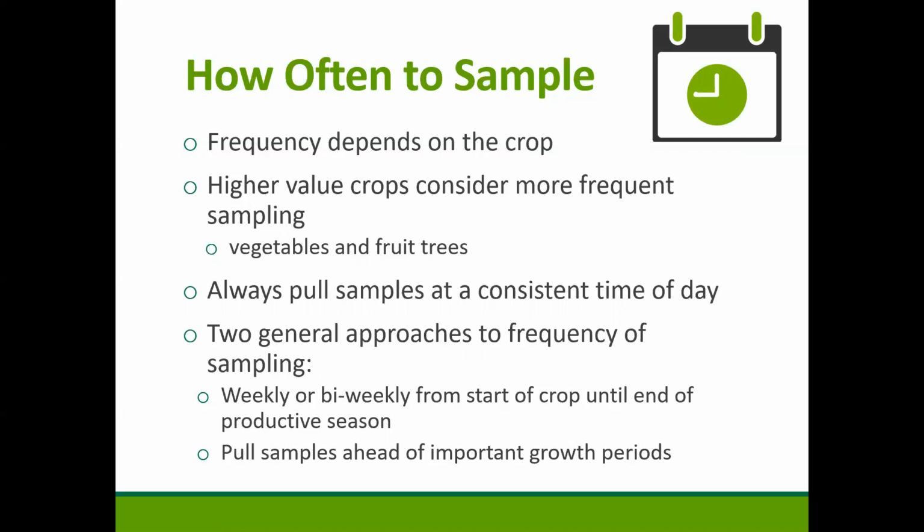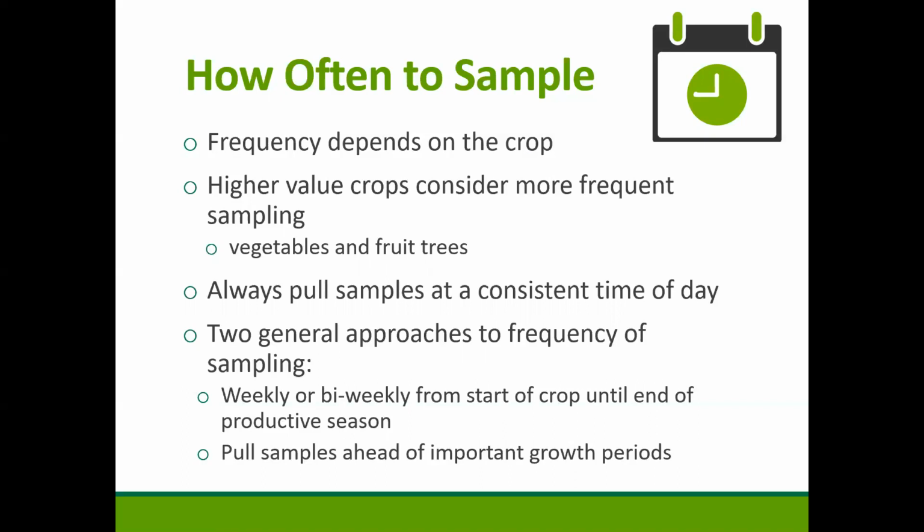Some growers will choose to sample weekly or bi-weekly, basically from the time of crop emergence or transplanting until the end of the productive season, or the end of the season in which they could alter it through fertigation or fertilizer additions. So on corn, they might opt to pull tissue samples basically from emergence right on up until tassel.